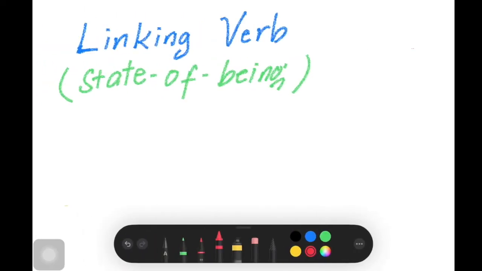Alrighty. So the next type of verb is the linking verb. The linking verb is a verb that connects, or it shows state of being.